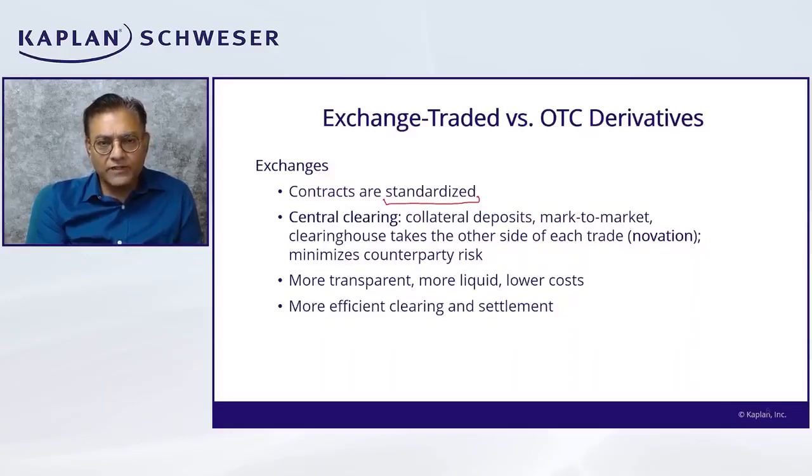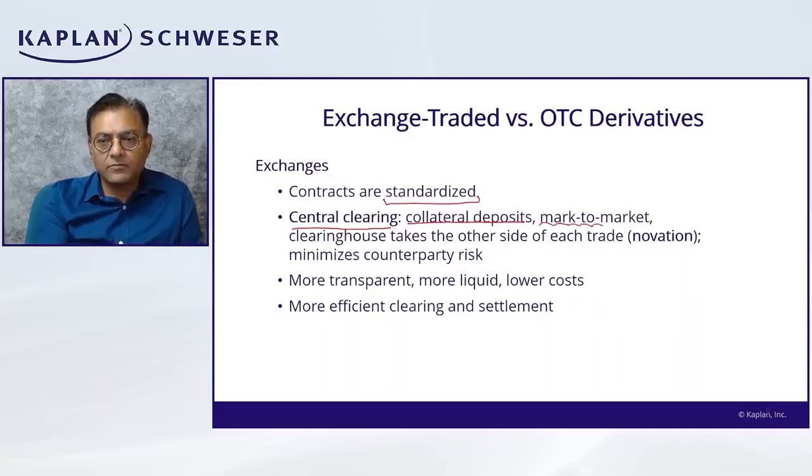Now, in the case of exchange traded derivatives, there is central clearing, meaning the exchange takes the opposite side of all trades. The exchange mandates deposit of collateral, and that ensures that the parties entering into the contract adhere to the contract.